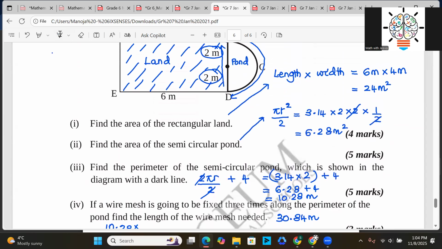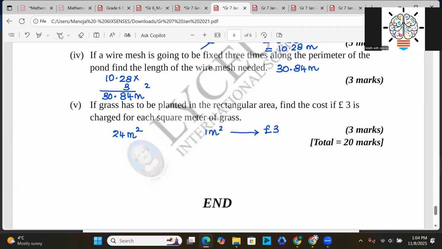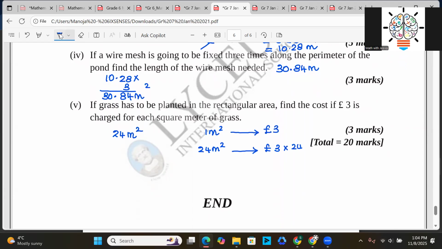I want to double check. Yes, it is 24. So then here 24 meters squared, how do you find it? You multiply 3 by 24. What will be the answer? So then when you multiply 24 by 3, it gives me 72 pounds. That is the cost of having grasses. So then if you want to plant grasses in the rectangular land, you want to spend 72 pounds.